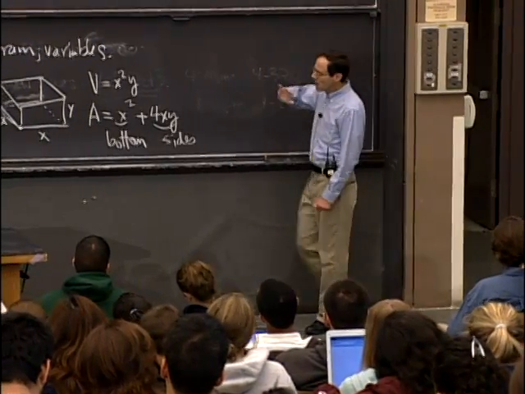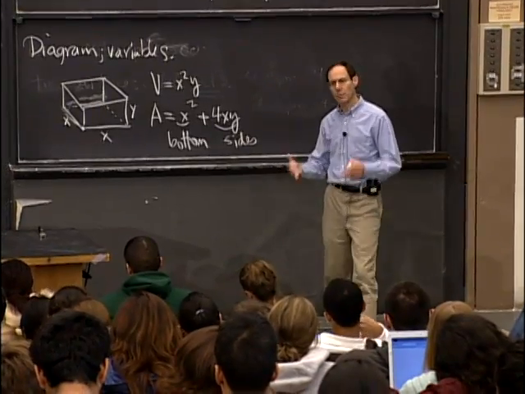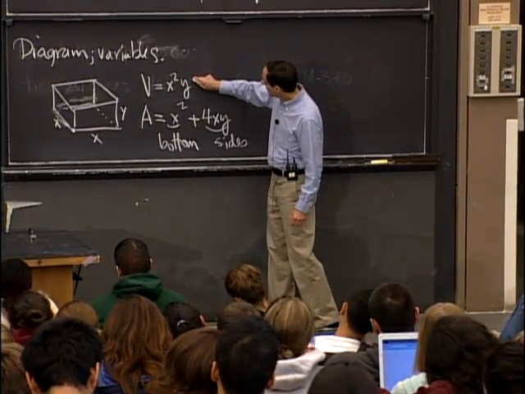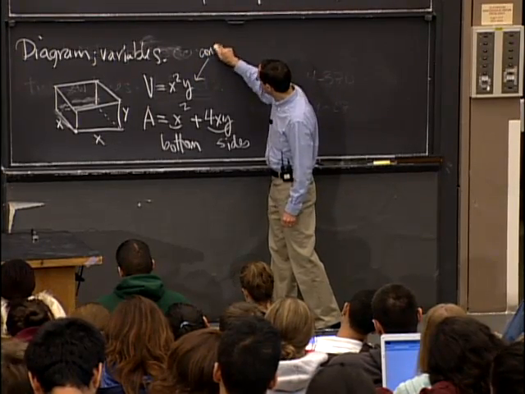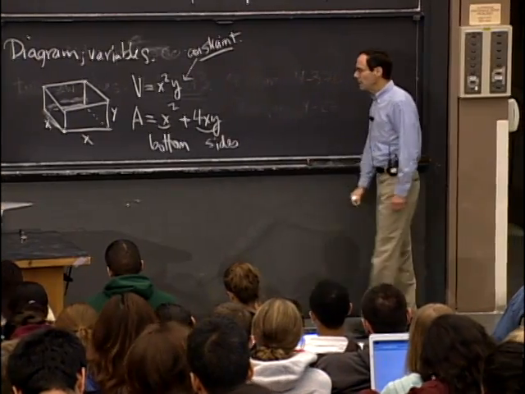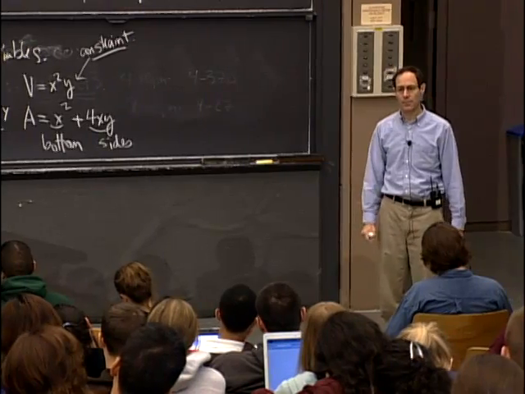So that's our setup. So now, the difference between this problem and the last problem is that there are 2 variables floating around, namely x and y, which are not determined. But there's what's called a constraint here. Namely, we fixed the relationship between x and y.